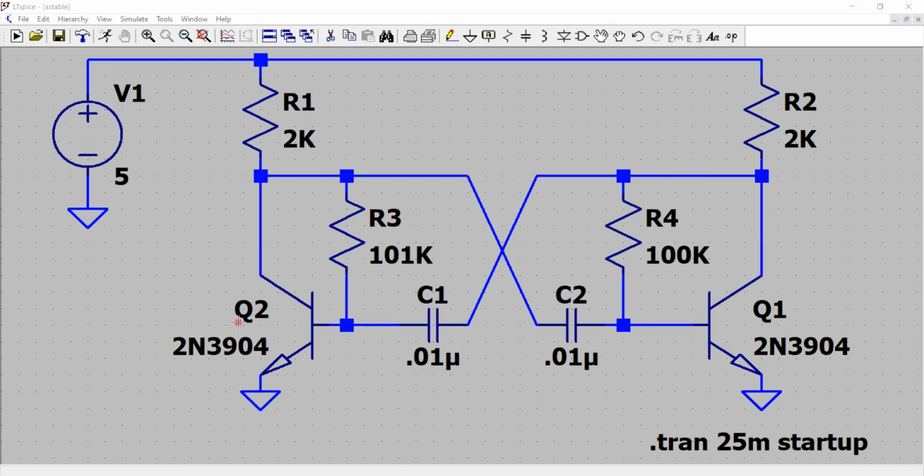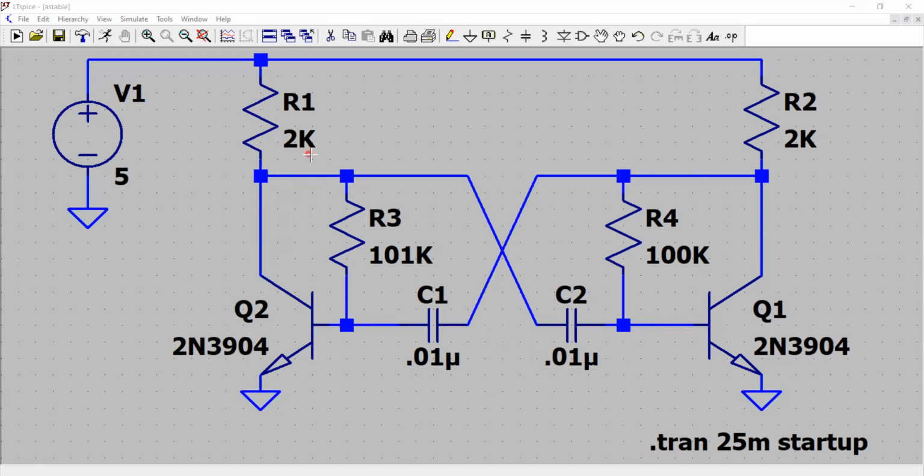Now for the transistor Q2, we have a load resistance R1. This transistor circuit is also a common emitter amplifier. It uses a collector to base biasing scheme using resistor R3, which at the same time provides negative feedback from collector to base.